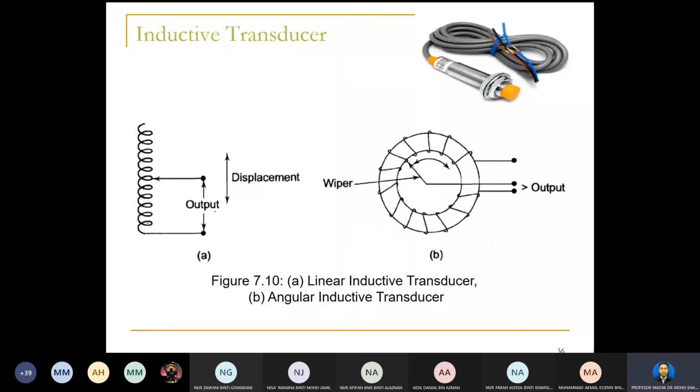That means when we change this, similar to resistive, where before we used the resistor, now we use the inductor. So when this output changes, the value of the inductance will change following the output.